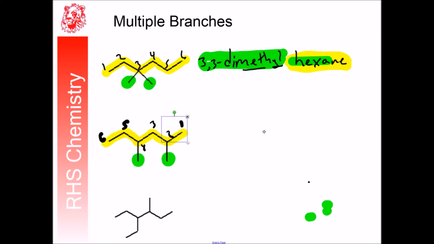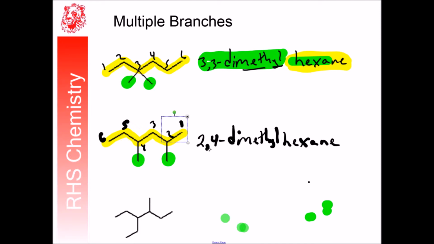This would give me hexane again. It's going to be a methyl branch and another methyl branch. And this time, there's 2 of them, so there's di. And now it's 2 and 4.